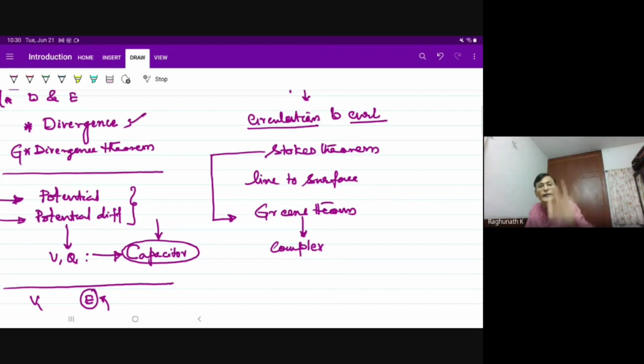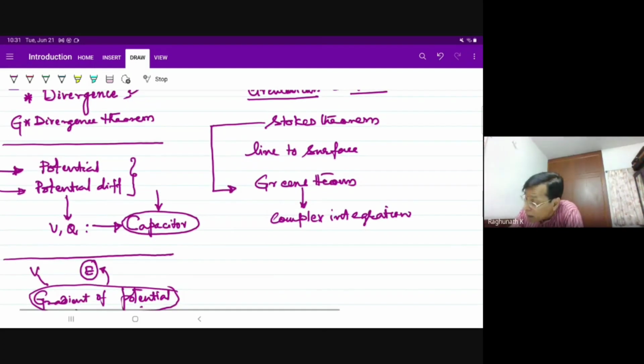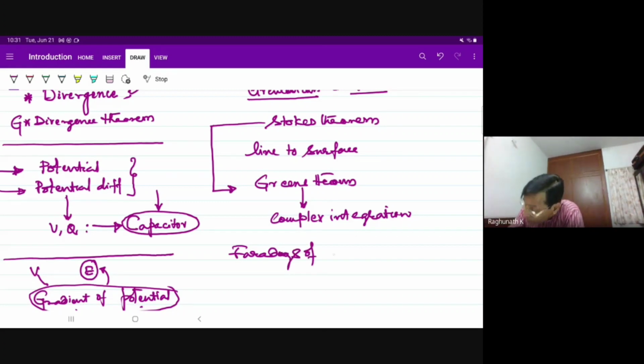Complex integration starts with Green's theorem first, right? Finally, as a fundamental subject which is not specified in the GATE syllabus, the final point that I will be talking about is Faraday's law of induced EMF. Faraday's law is for primary magnetic fields, right?